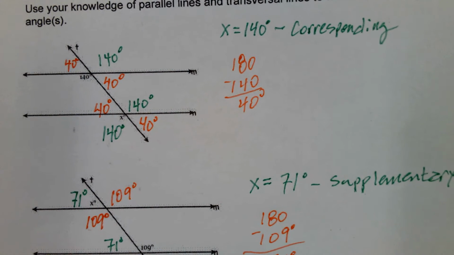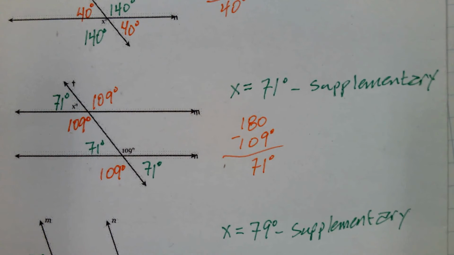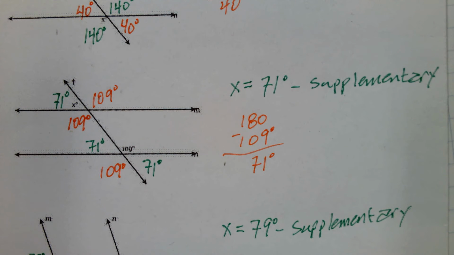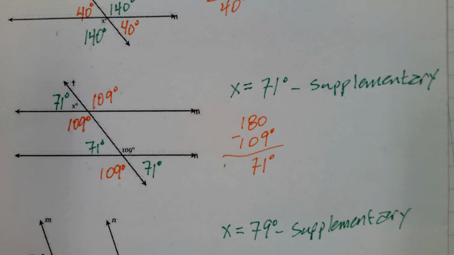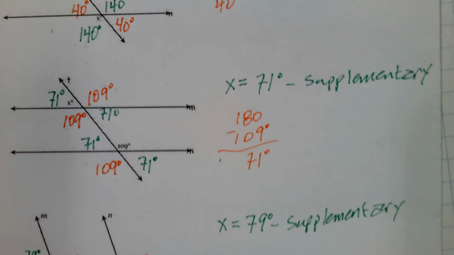So we started off the next one. And so the angles would either measure 71 degrees or 109 degrees. I'm sorry, we're looking at the wrong one. And, oh, I missed one too. These two are vertical to each other, so they would be 71 degrees. Okay.